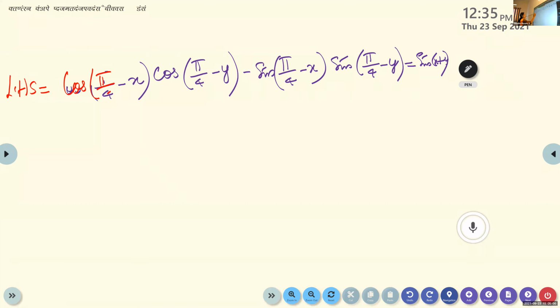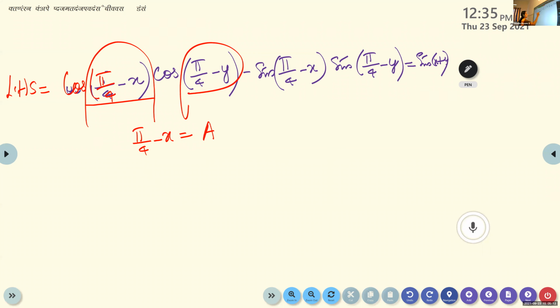So what we can do? Suppose pi by 4 minus x, you take it as a. And pi by 4 minus y, look at that, the same angle is repeated. So pi by 4 minus y, you take it as b.